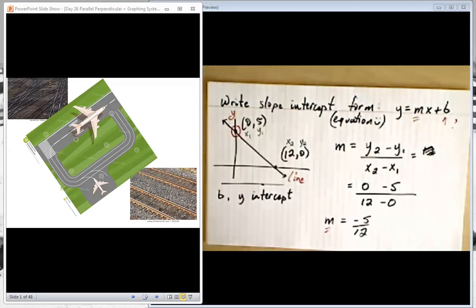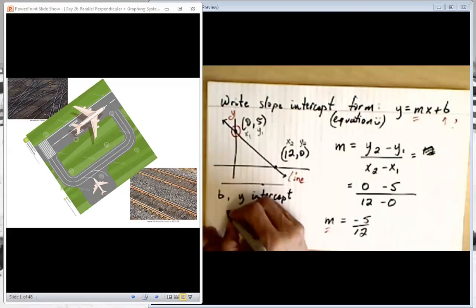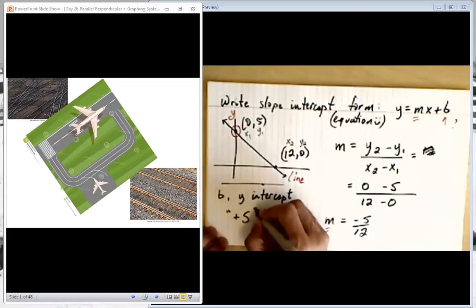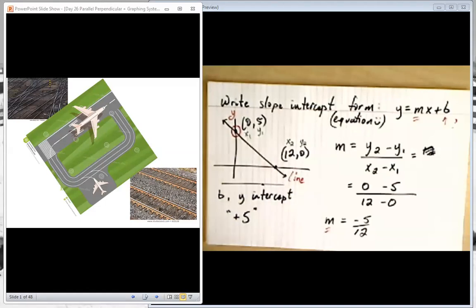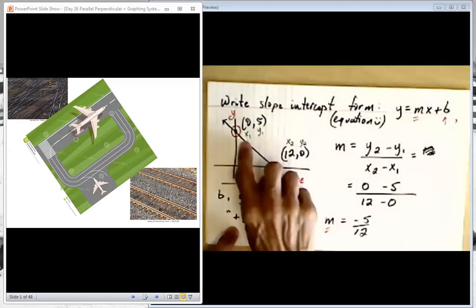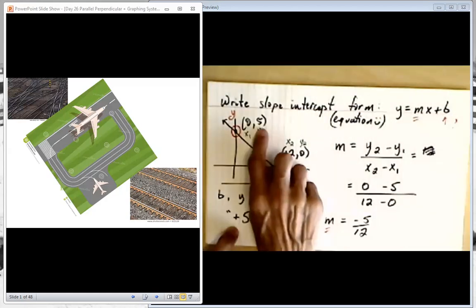Exactly. Don't count the 0. Oh, you're changing your mind now. Right on time. I almost wrote it down. You just beat me. Okay, so the answer is not minus 5. No, plus 5, just by looking at the graph that's there.